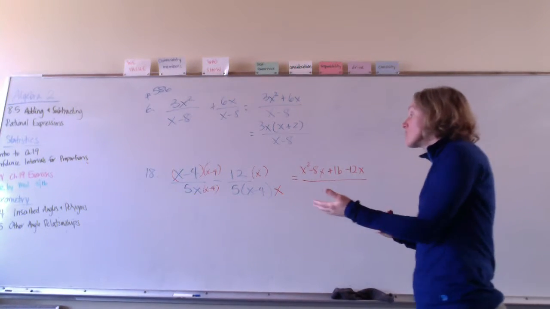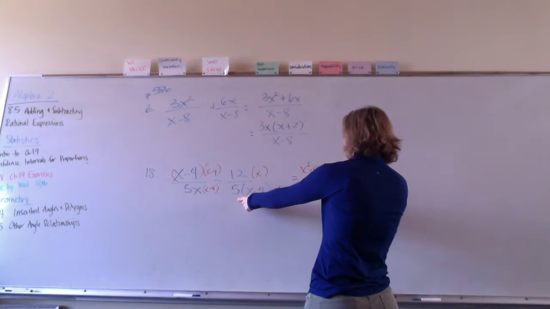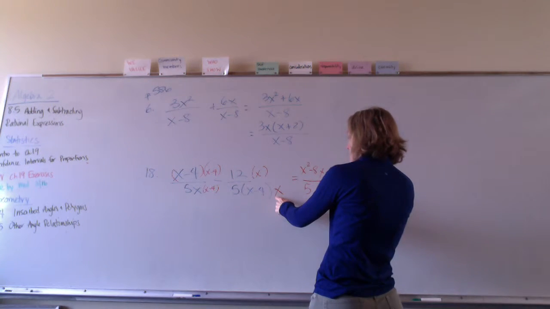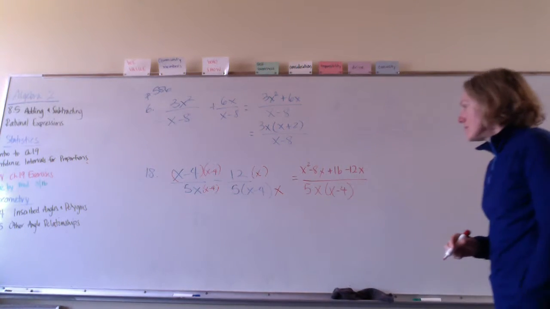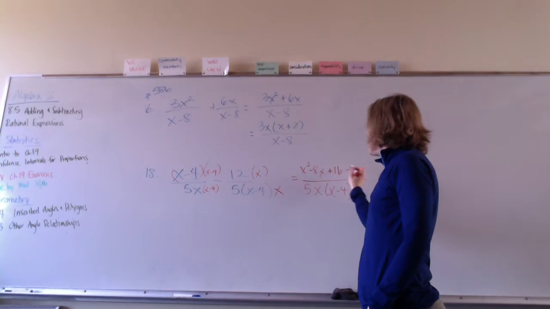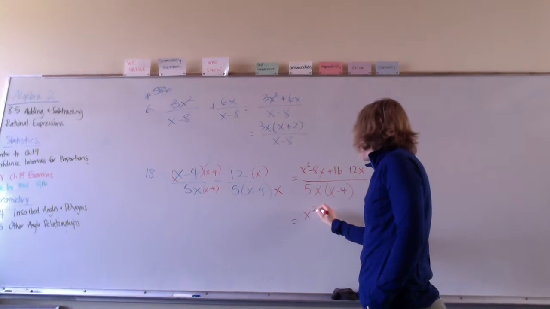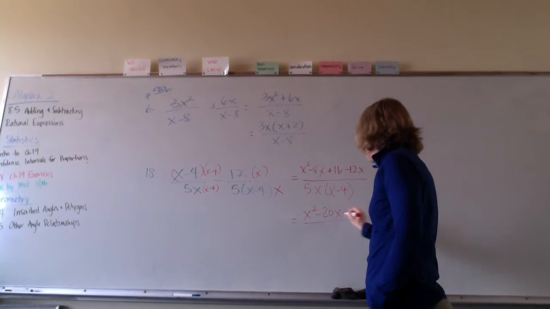And in the bottom, we should write things in conventional order. Who should come first? The 5, then the x, and then the x minus 4. And then I should simplify the numerator: x squared minus 20x plus 16.